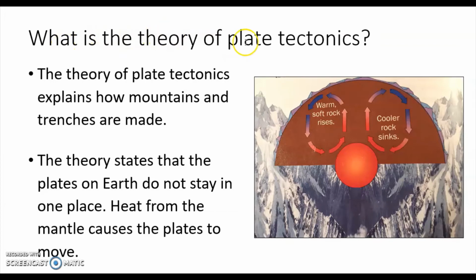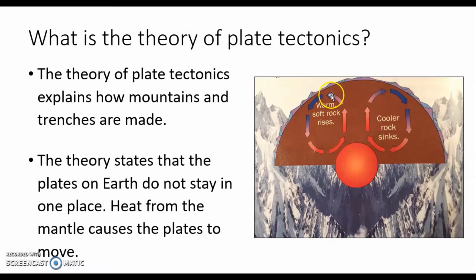Okay, this is also a review slide. What is the theory of plate tectonics? The theory of plate tectonics explains how mountains and trenches are made. Remember, the warm rock rises and the cooler rock sinks.